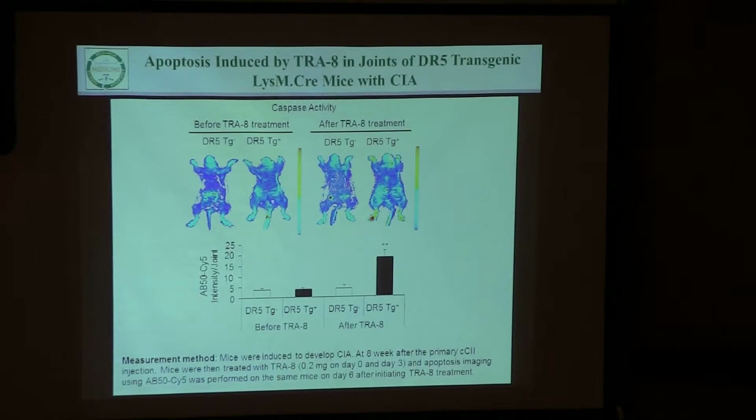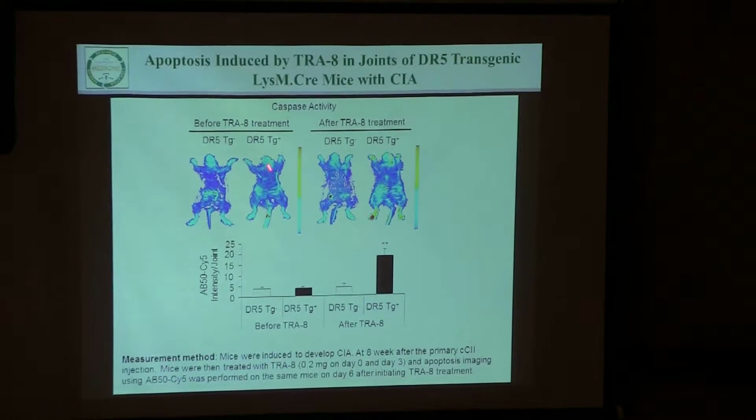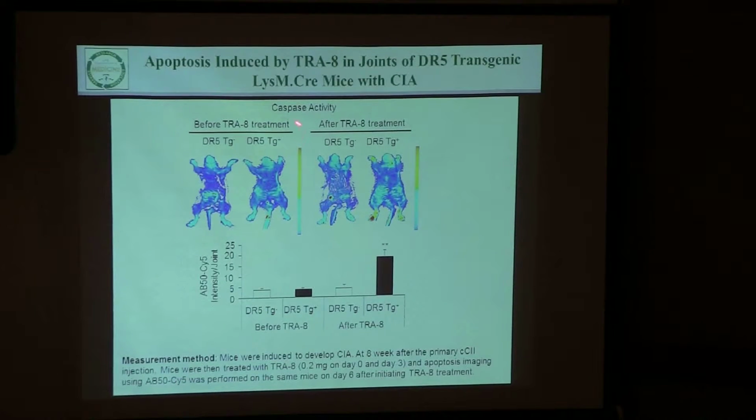Since DR5 mediates apoptosis, we therefore tried to verify the caspase activity using an infrared imaging approach. The mice were imaged before and after the TRIA therapy using a probe called AB50, which detects the activity of caspase.